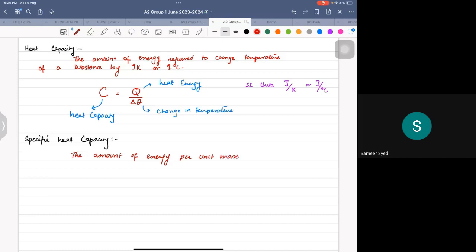So when it's specific, it means you're now including mass, and the rest of the definition is the same. Required to change the temperature by 1 degree Celsius or 1 Kelvin, like that.